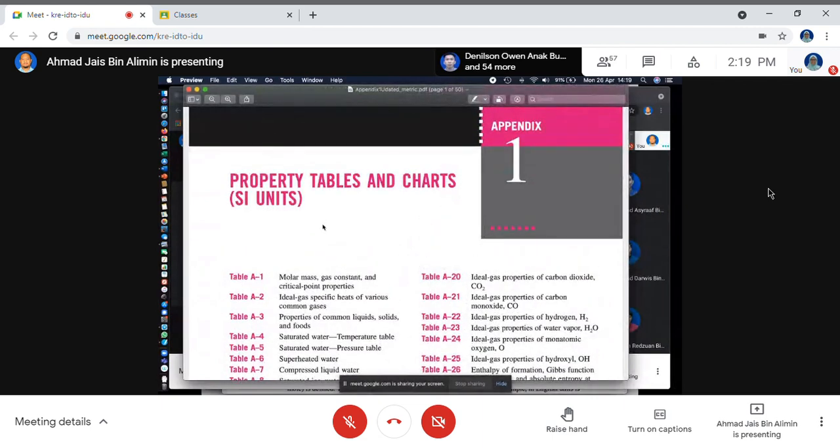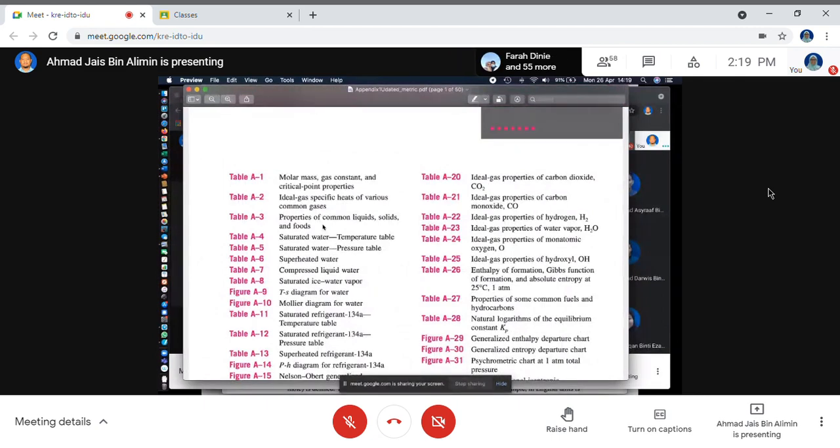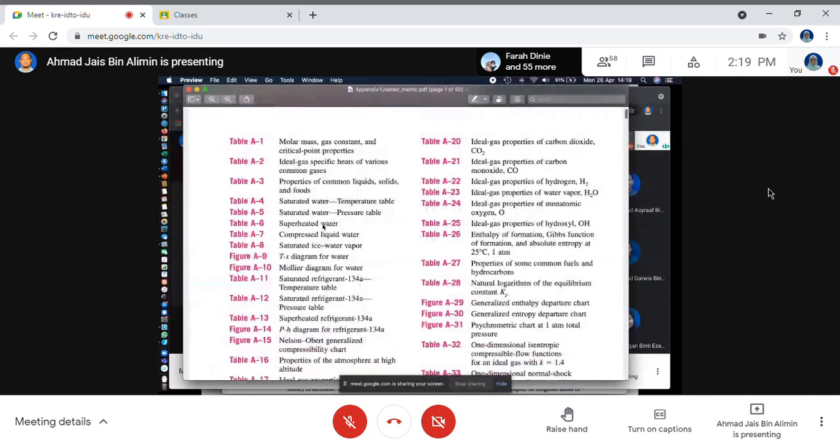Untuk Rankine, you are using this table for the working fluid of water. Kalau yang berkaitan dengan air, itu yang awak boleh rujuk. Jadual A4, A5, A6, A7.